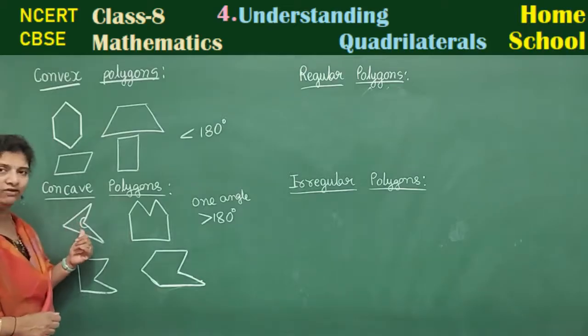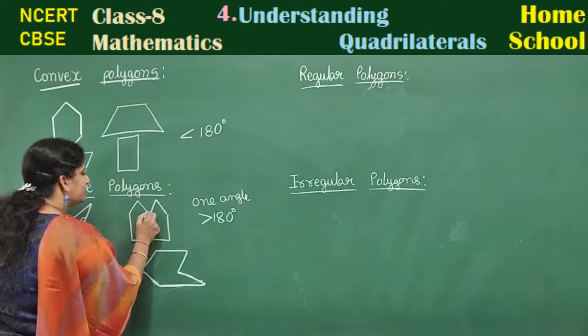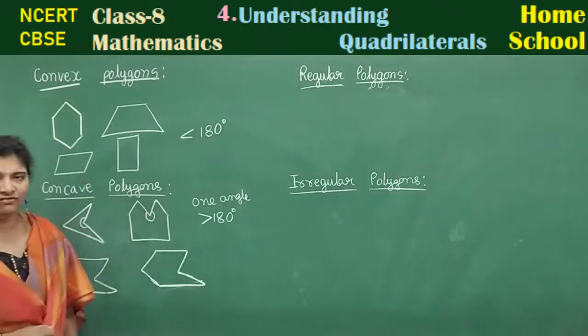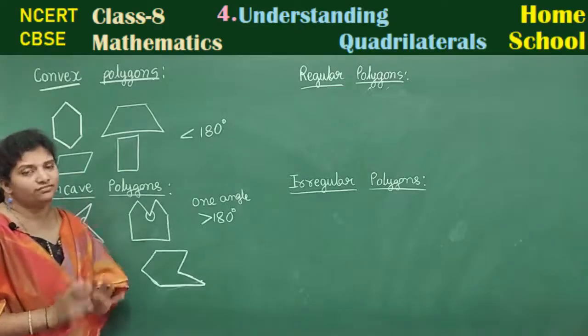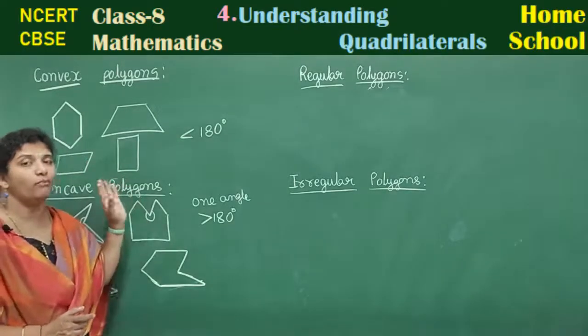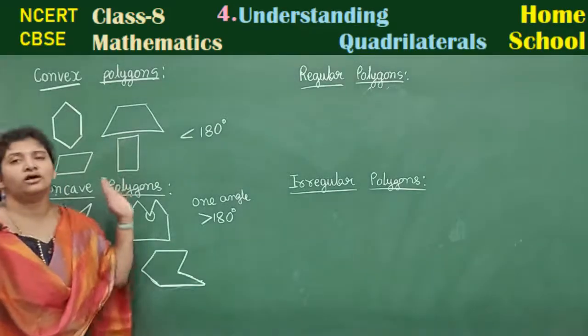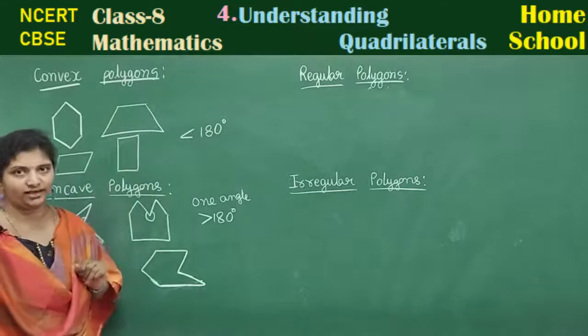This is a concave polygon. And in this, if you consider this angle, it is more than 180. I can see these are all simple curves, and these are all polygons. These are all closed figures and they are polygons.